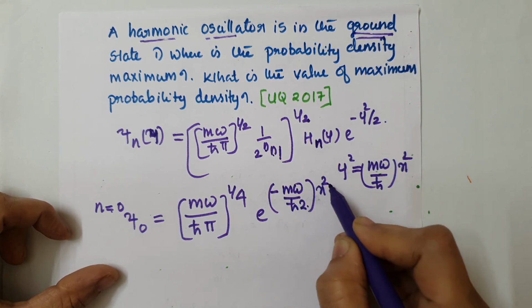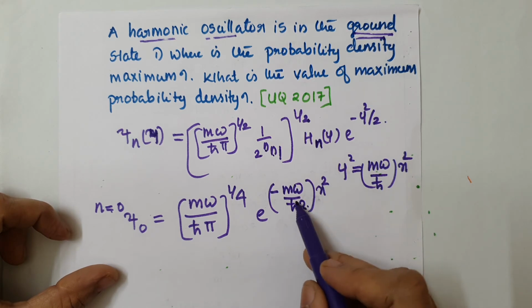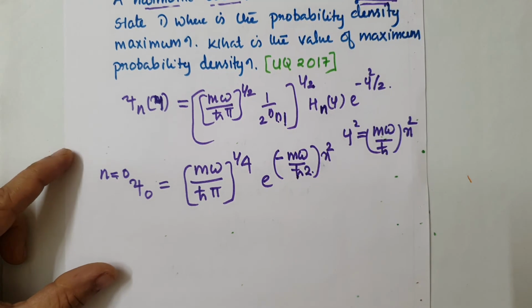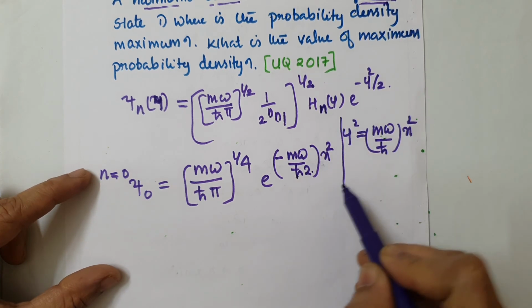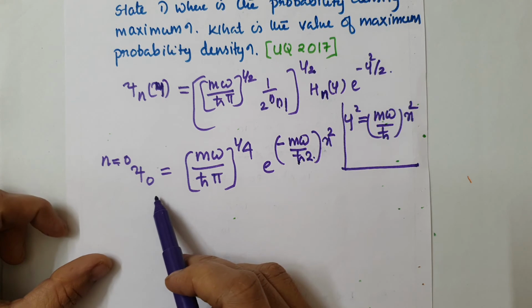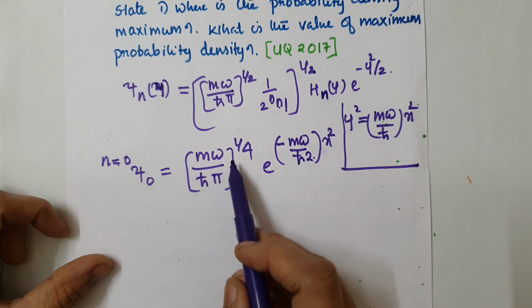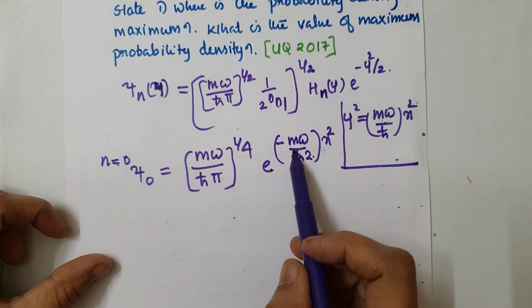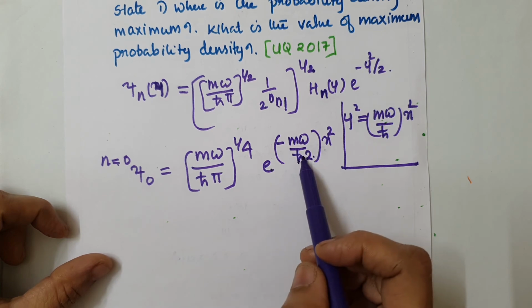This is the value of the ground state eigenfunction: (m omega by h cut)^(1/4) exponential e raised to minus m omega x square by 2 h cut.